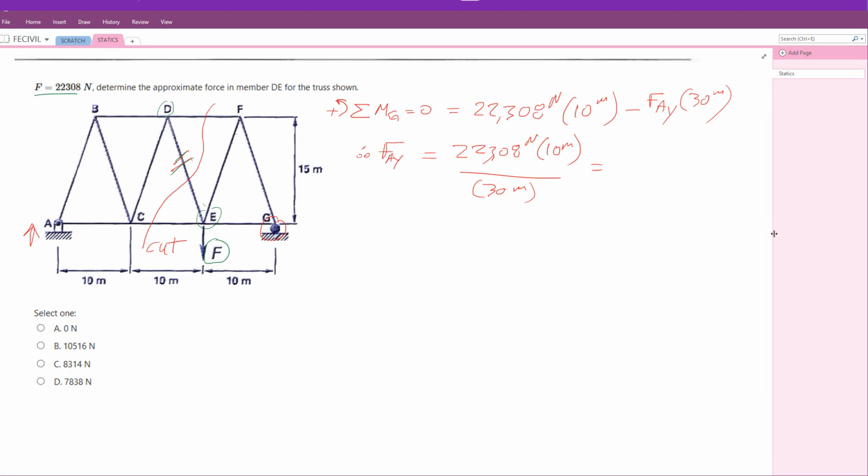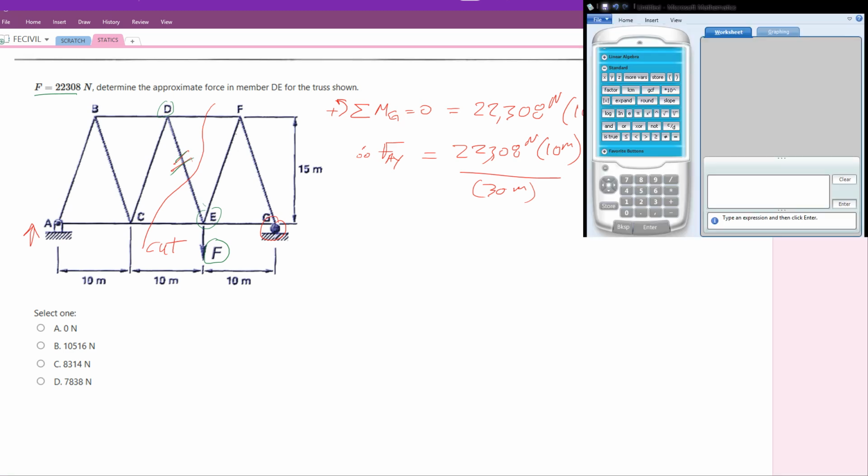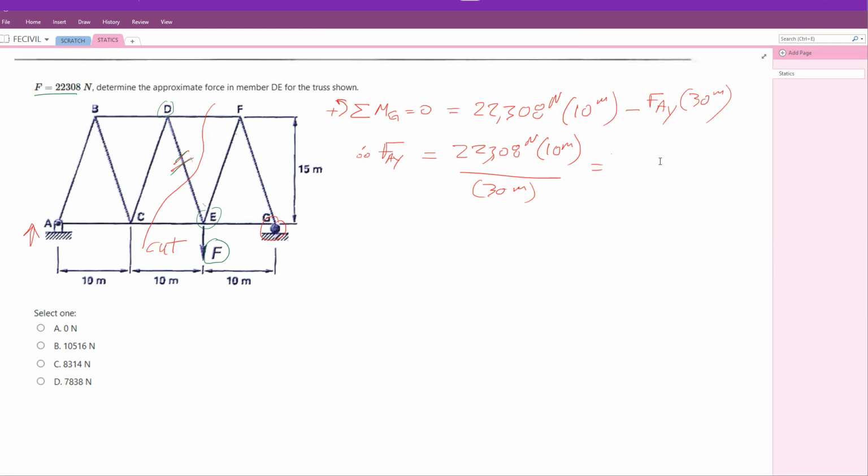Let me get my calculator and do that. It's gonna be 2.2308 times 10 divided by 30, gives me 7.7436 newtons.